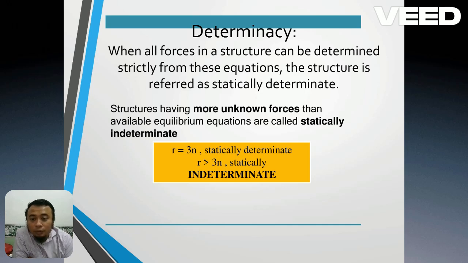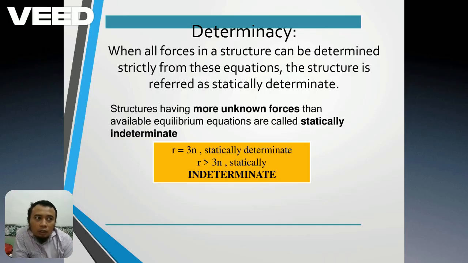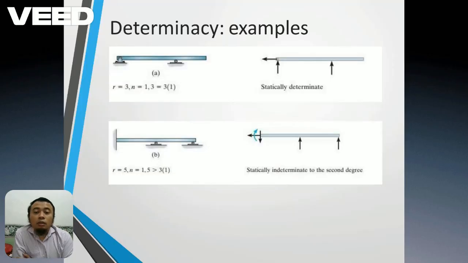When the beam is attached to supports, there's a reaction at the contact between the structure, the beam, and the supports. And n is the number of members. If you have a single beam, then it is one member. But if it is trusses, then you have combined trusses, and the members are based on the number of trusses. Based on this example, we can do some refresher on determinacy.